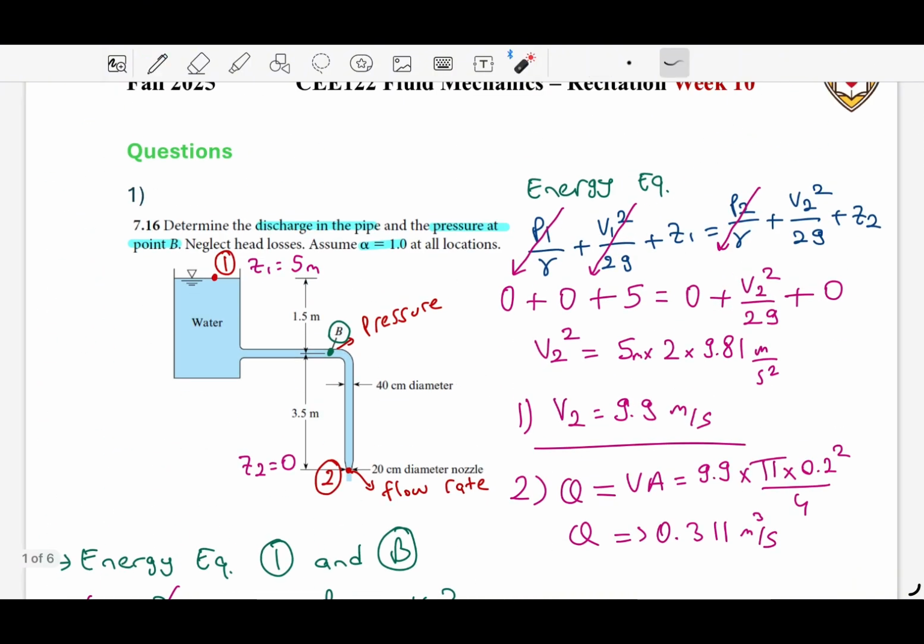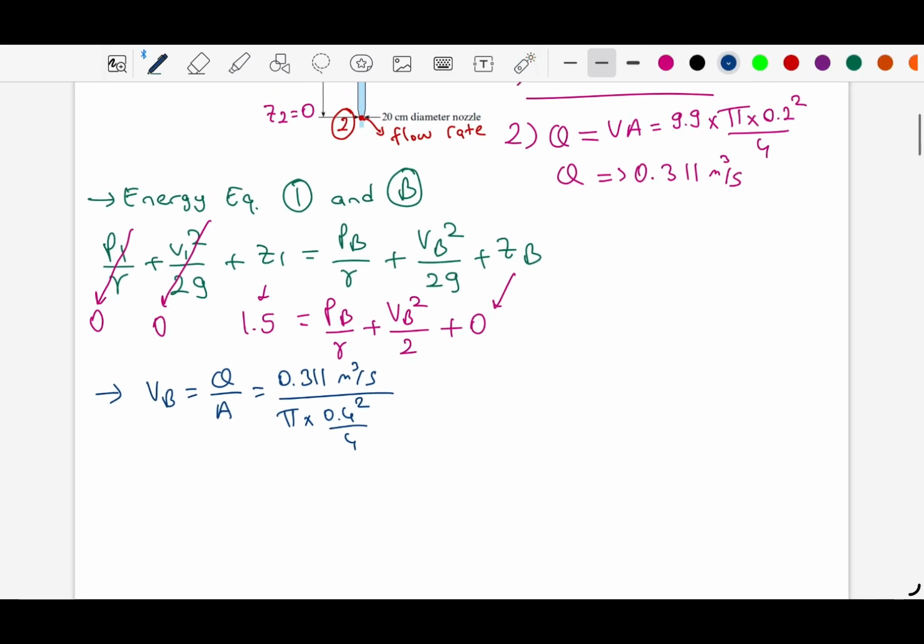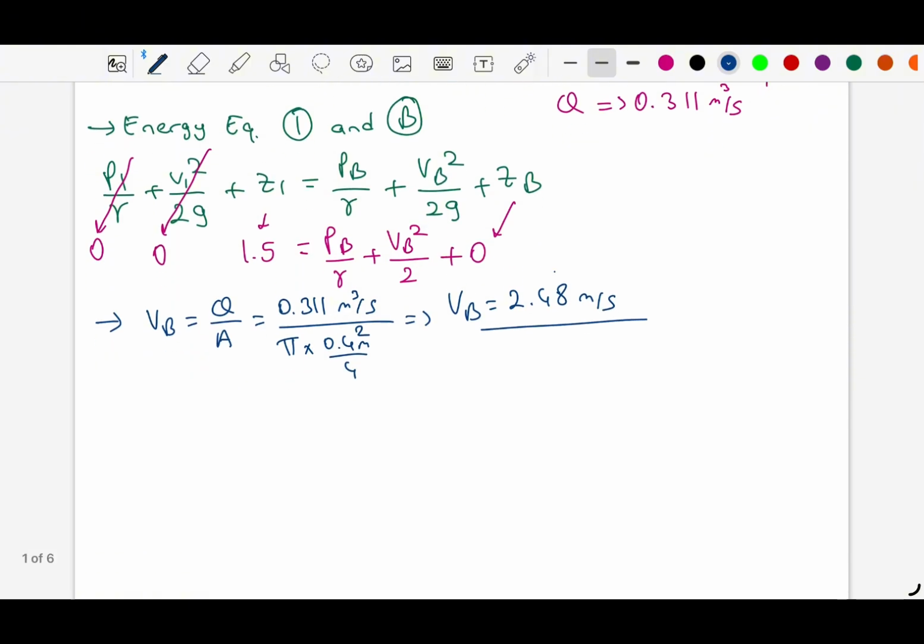So 40 centimeter diameter is this pipe's diameter. From here, VB will be equal to 2.48 meter per second. And we can use this number in this equation.